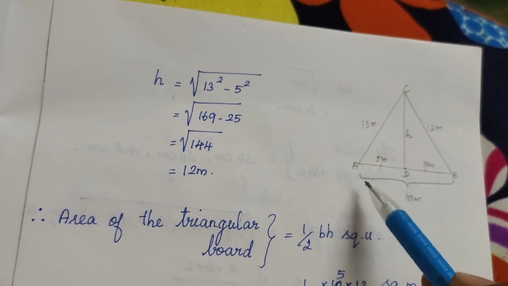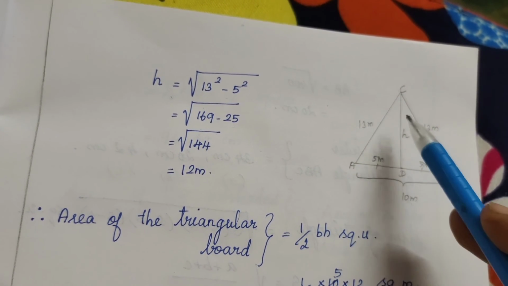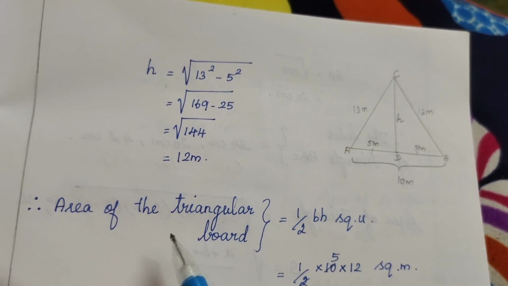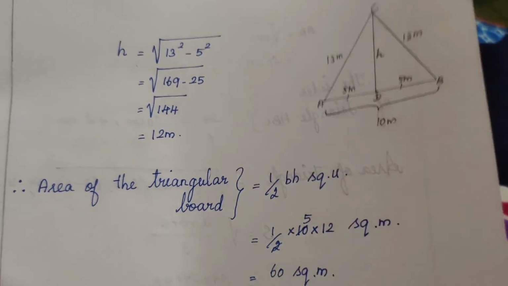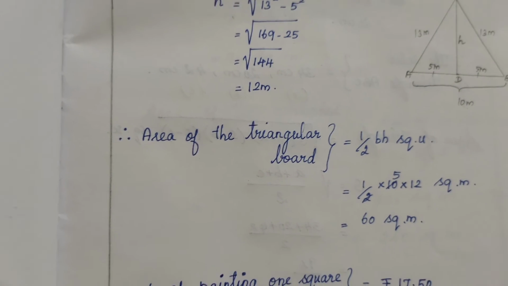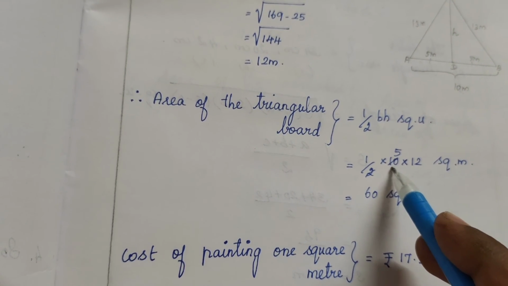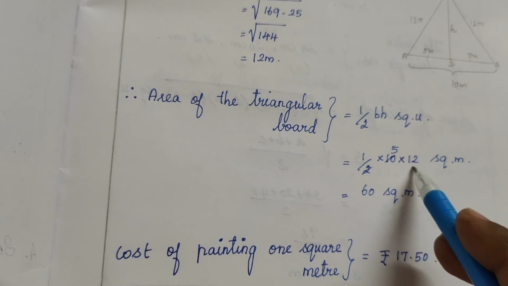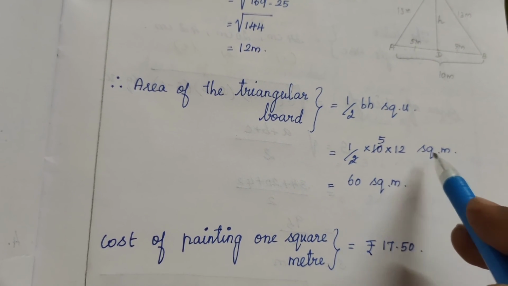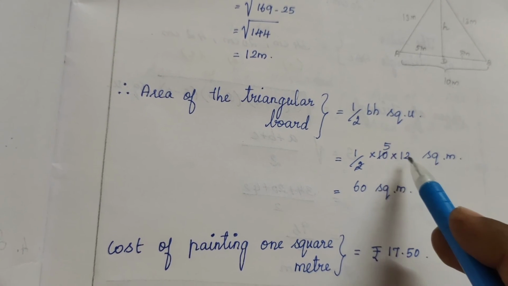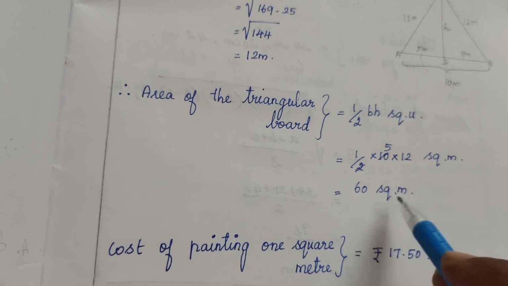Now we know the value of base as well as h. Substituting the values in the formula, area of the triangular board equal to half into b h square unit, that is half into the base 10 meter into height 12 meter, square meter. While simplifying, 5 2s are 10, then 5 12s are 60 square meter.